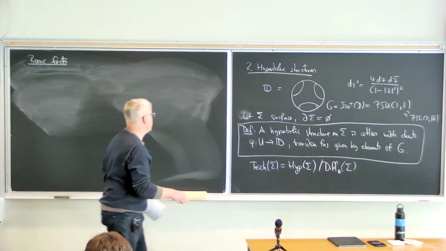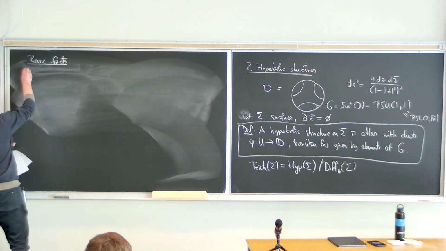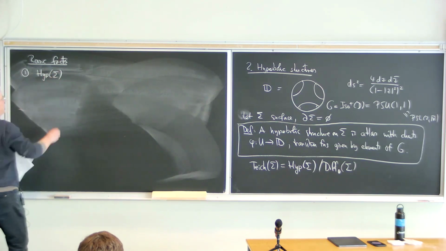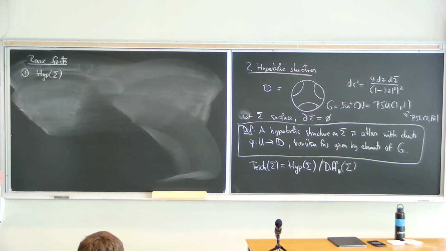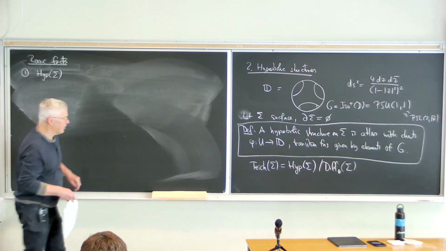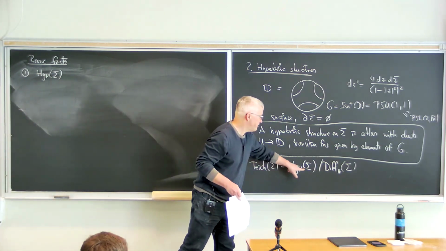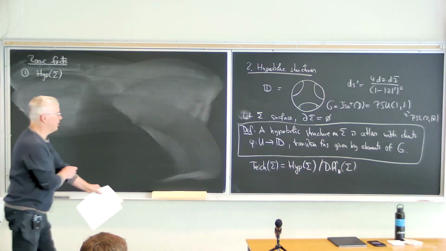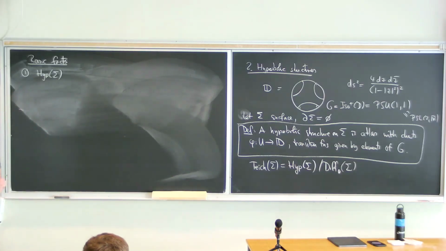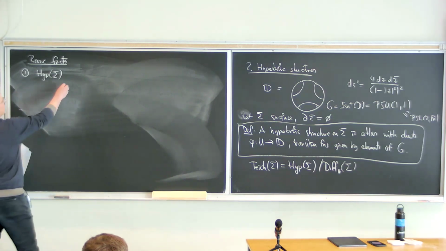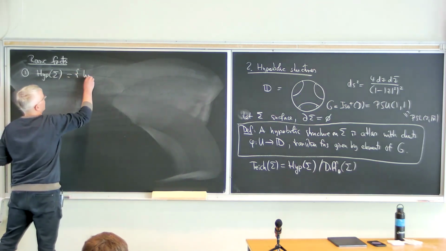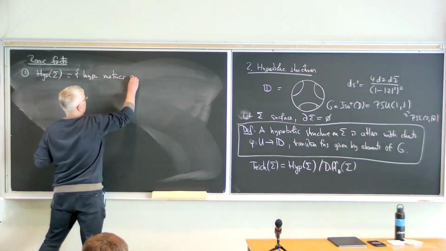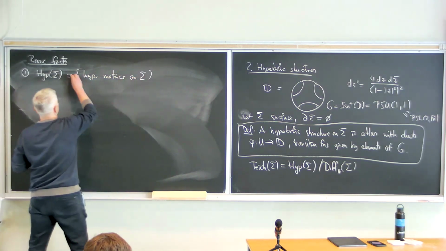So the first thing to say is maybe that this space of hyperbolic structures, sorry, I didn't introduce this formally, this Hyp(Sigma) means the set of hyperbolic structures. You can also view it as a set of hyperbolic metrics on Sigma, right?